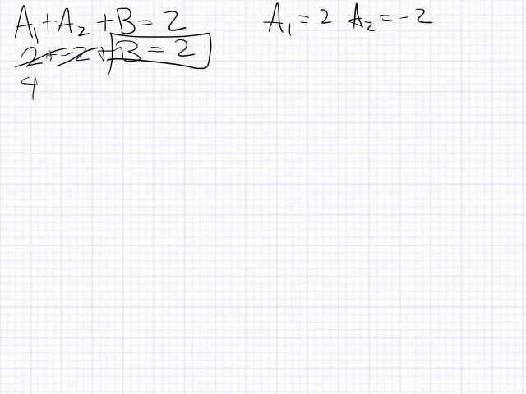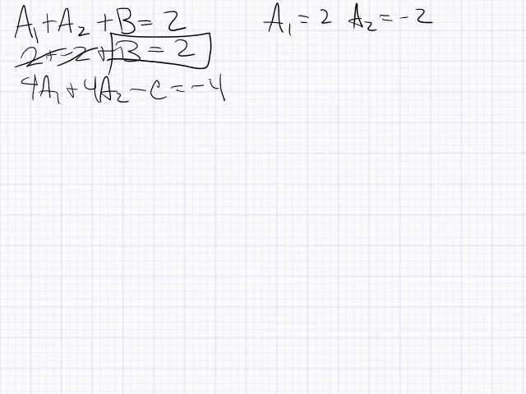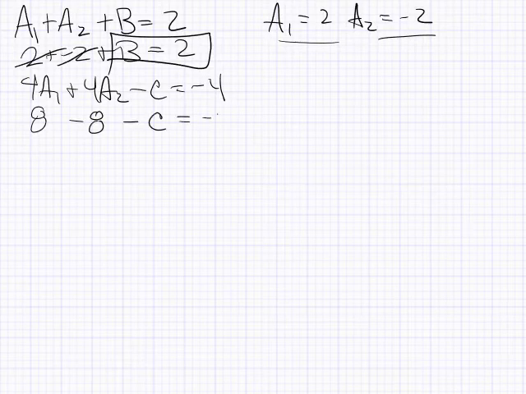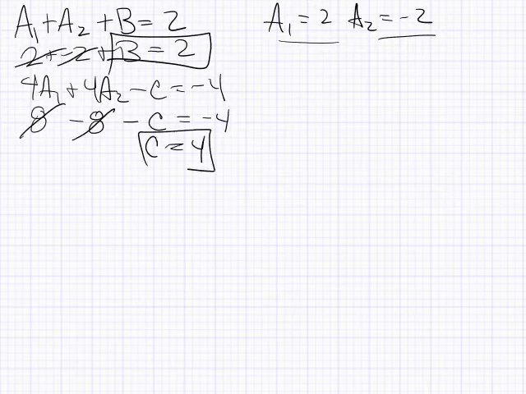We also knew that 4a1 plus 4a2 minus c equals negative 4. Again, using this, we're going to figure out that 8 minus c equals negative 4. Well, those cancel, so c equals 4. That was pretty easy. And we got our b and c, and we could be on our way.